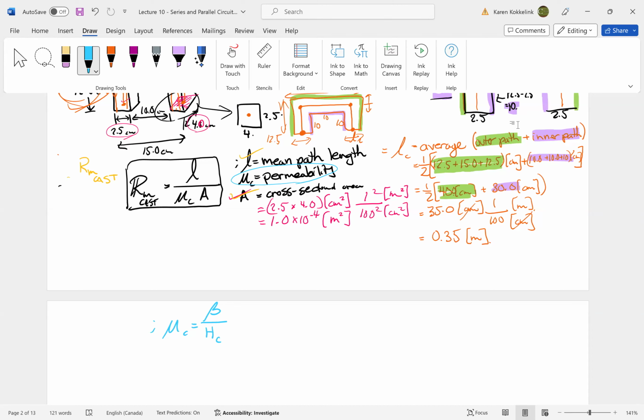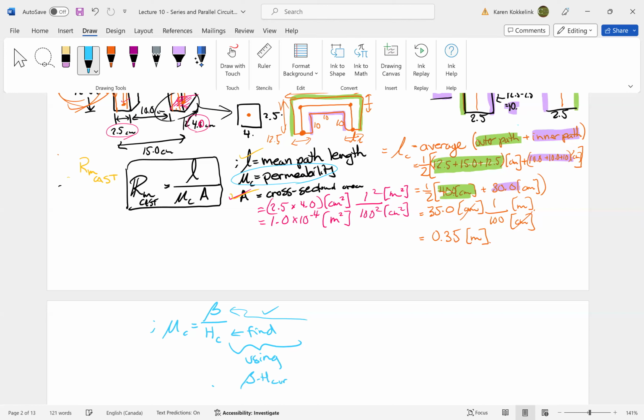And from there, we know that if we can find beta, then we can find H that corresponds with beta on a BH curve. So if we know beta, we can find H using a BH curve. And why do we know what the BH curve is? Because we know the material for cast steel.